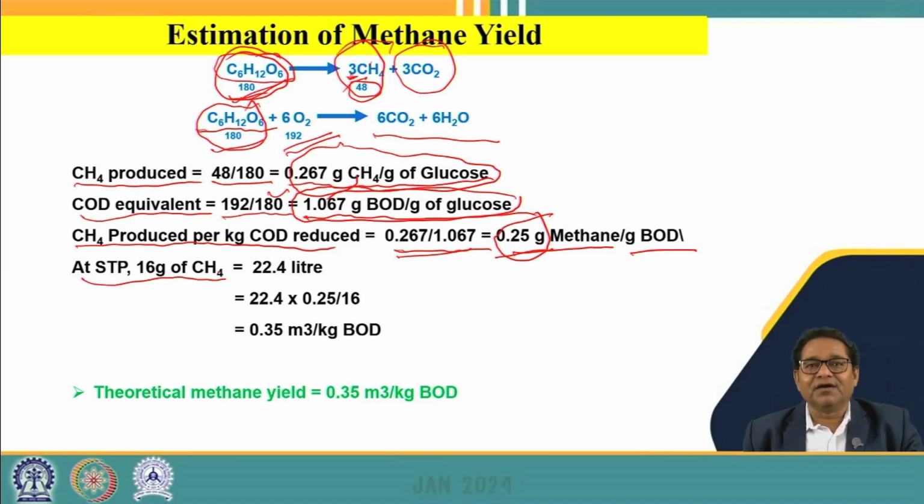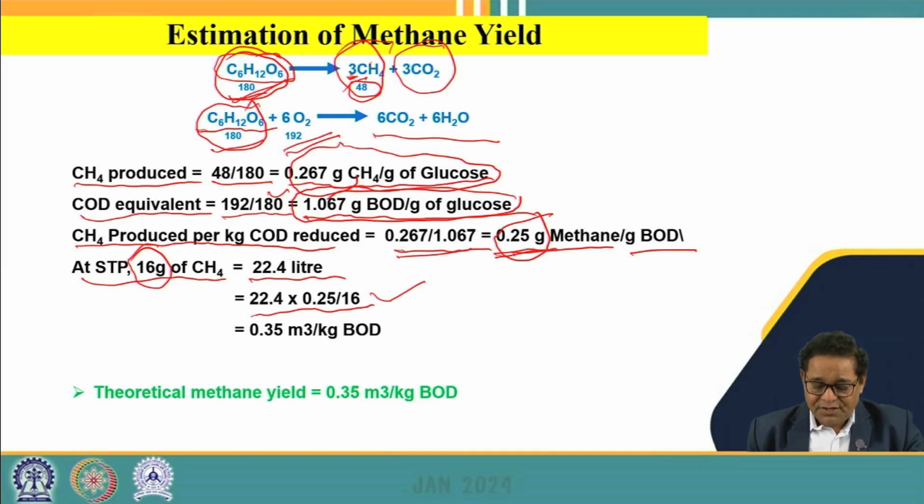Now at standard temperature and pressure, 1 mole of methane, that is 16 gram of methane, will have a volume of 22.4 liter. So if we convert per gram of methane, it will be 22.4 into 0.25 divided by 16, because 0.25 gram of methane will be generated per gram of BOD.